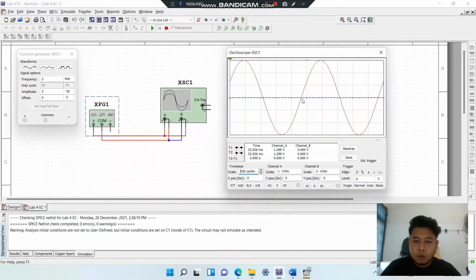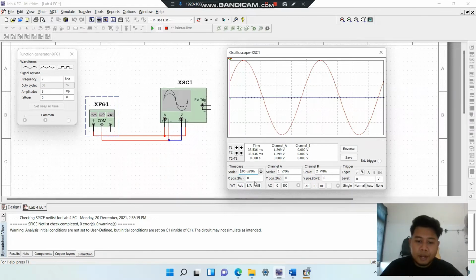So look at this, from here until here is 1 period. So how many boxes or how many divisions are in the period? We count 1 2 3 4 5, a little bit here, a little bit here, so the distance will become 5 divisions.